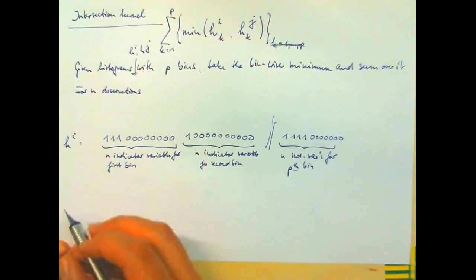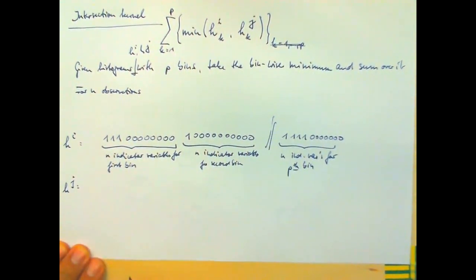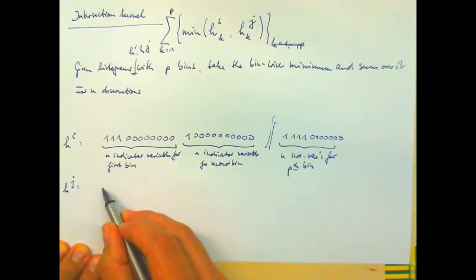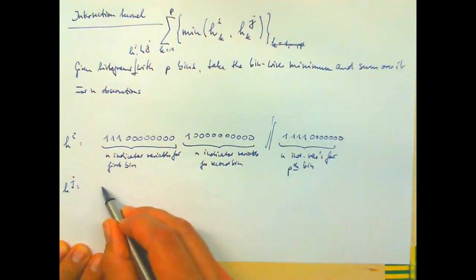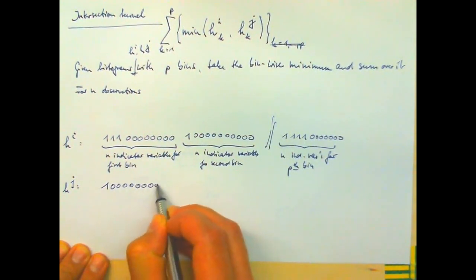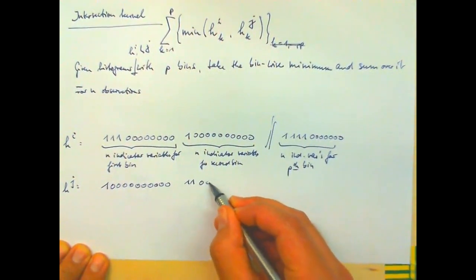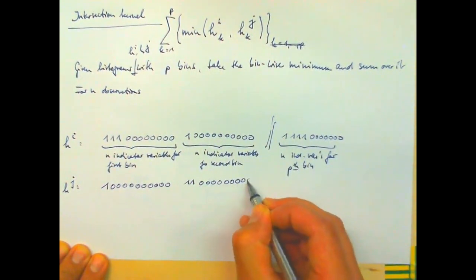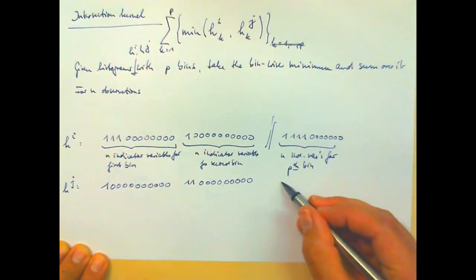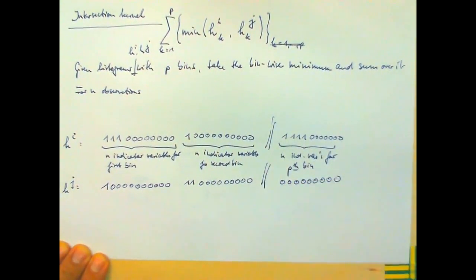And now I can do something similar for my histogram J. So let's say histogram J only had a count of 1 in its first bin and had a count of 2 in the second bin. And let's say it had nothing at all in the last bin. There are some bins that I have omitted here.